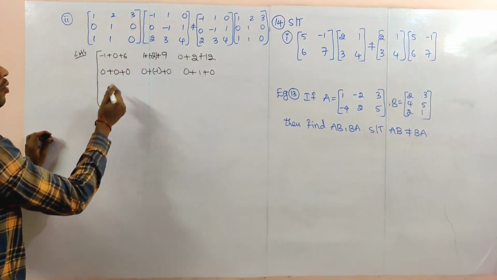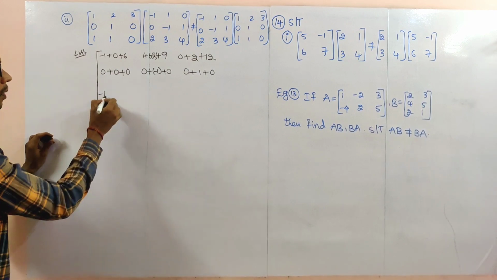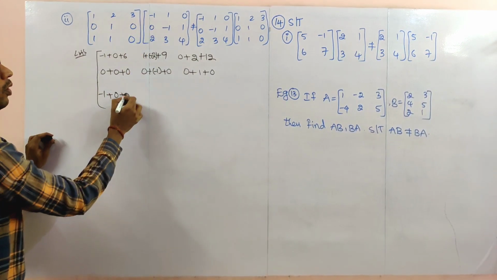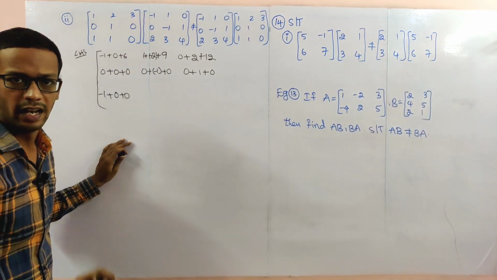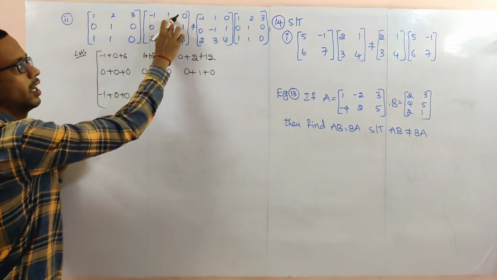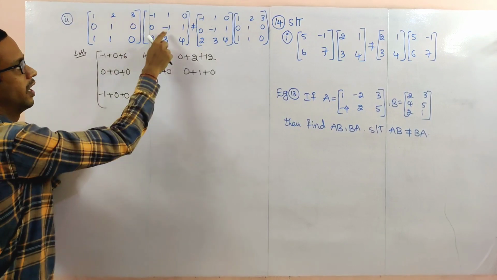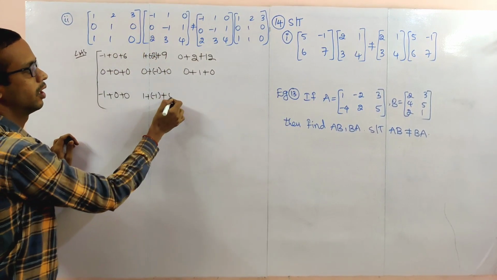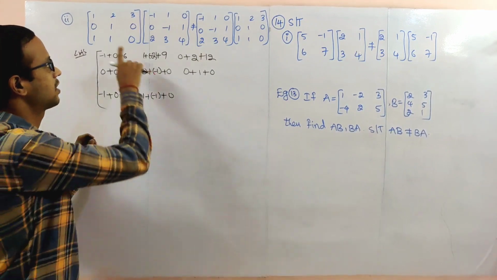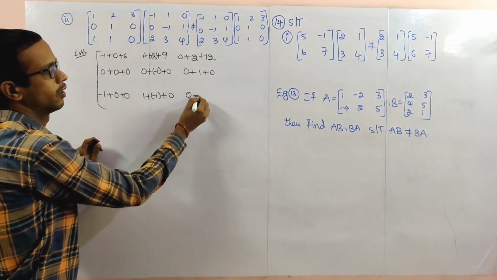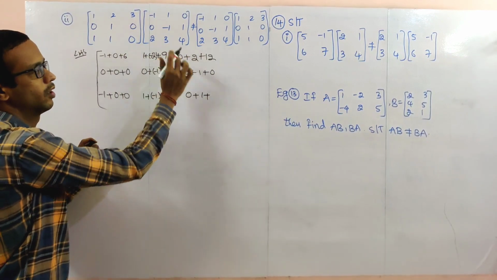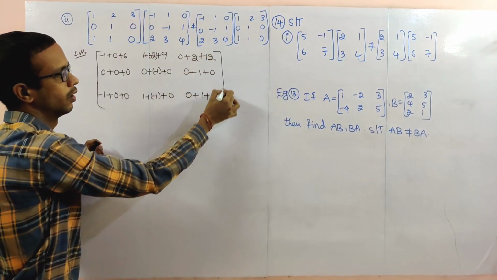Next, 1 into minus 1, minus 1, plus 1 into 0 is 0, plus 0 into 2 is 0. Next, 1 into 1, 1. 1 into minus 1, minus 1, plus 0 into 3 is 0. Next value, 1 into 0 is 0, plus 1 into 1 is 1, plus 0 into 4 is 0.